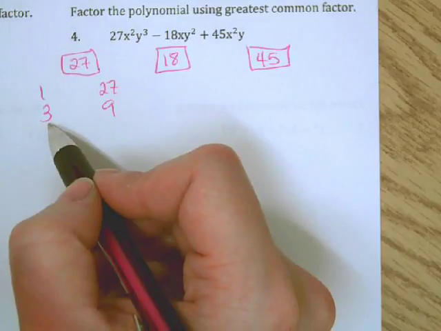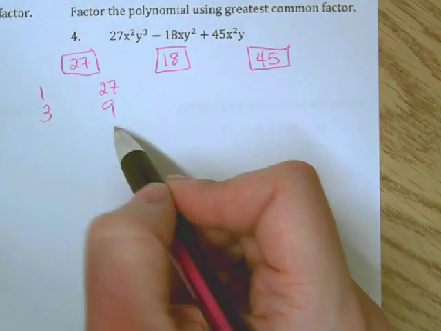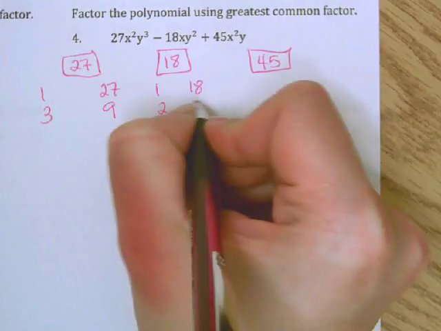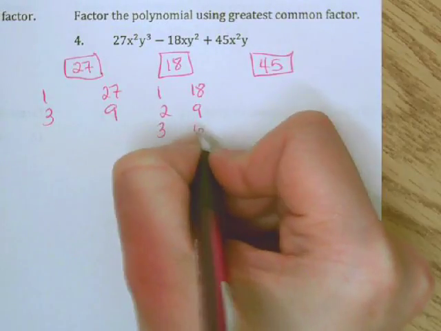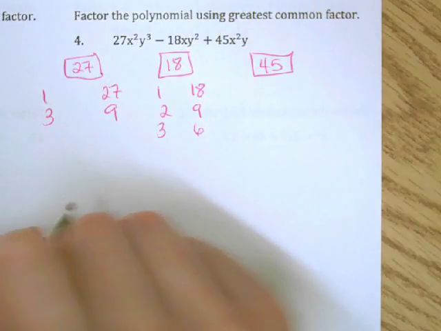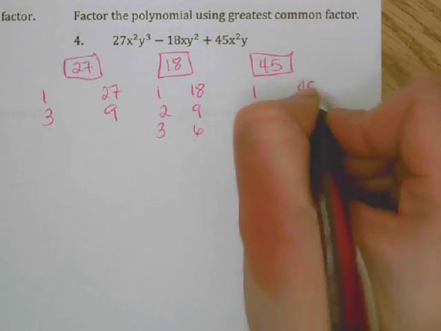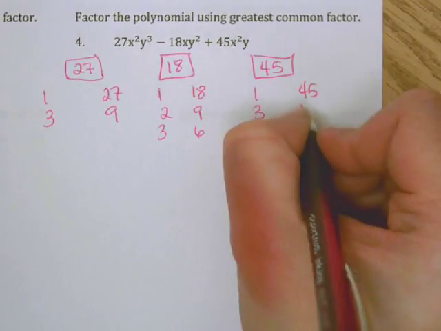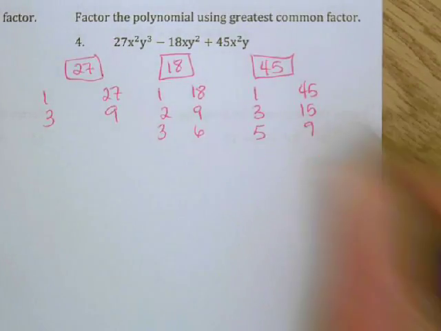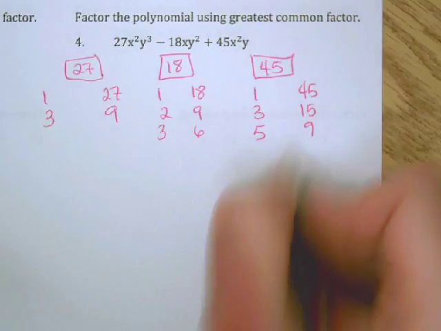Not divisible by 4, not divisible by 5, 6, 7, or 8, and then we're back to 9. 18, 1 and 18, 2 and 9, 3 and 6, not divisible by 4, not divisible by 5, and back to 6, so we know we have all our factors there. 1 and 45, not divisible by 2, 3 and 15, not divisible by 4, 5 and 9, not divisible by 6, 7, 8, and then we are back to 9.